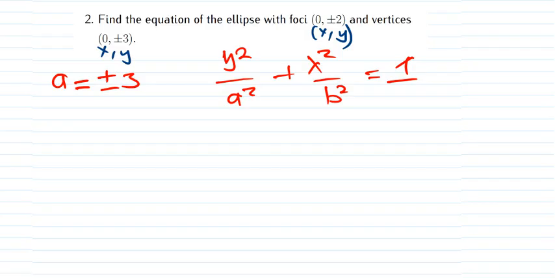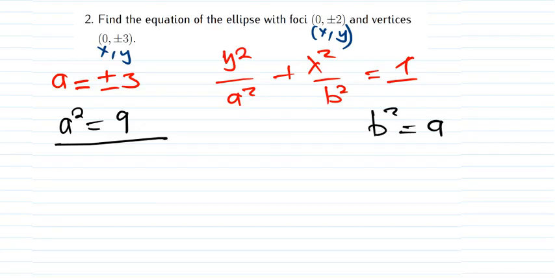So we know that if a is plus or minus 3, then a squared is going to be what? Squaring the 3 is going to be 9. So we already found what we need to put there. Now for our b squared, we know that our b squared is equal to a squared minus c squared, where our c is a value that now represents the distance to the foci, right?